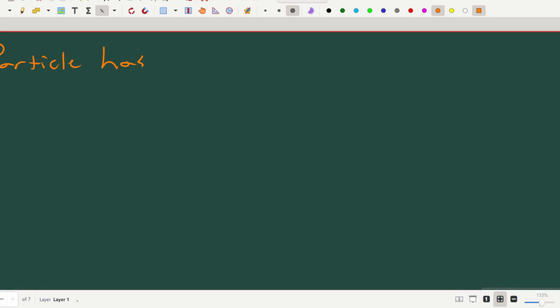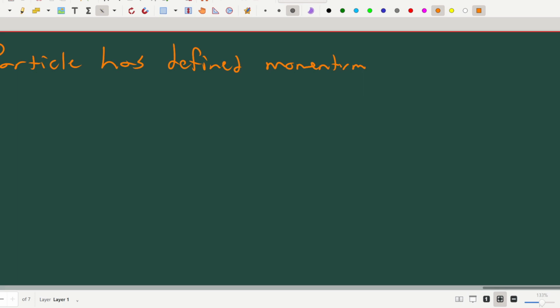So what is a wave? The idea is that let's assume that a particle has a defined momentum. We know exactly how fast it's moving. P naught.